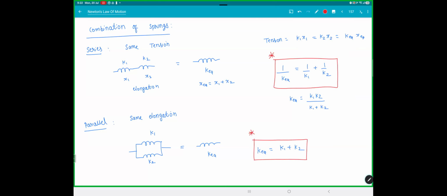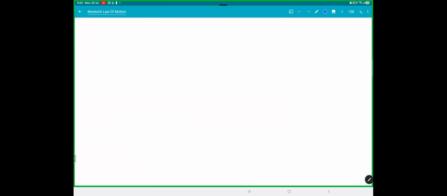So what happens if you cut a spring? If you cut a spring, the spring constant actually changes. Now the formula for K, later on we will see it. So if you have a spring, the formula for K is given by YA by L. So this Y is called the Young's modulus.